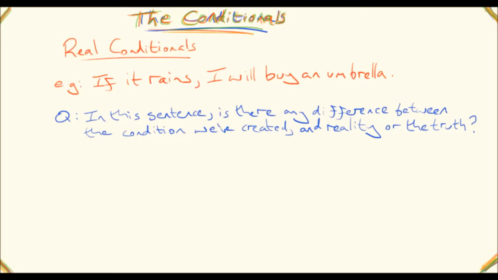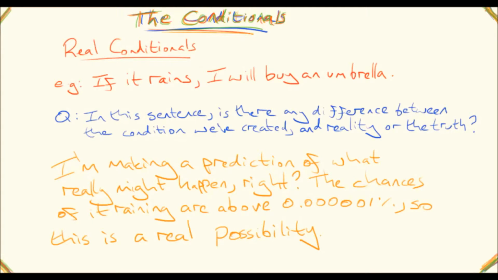And I hope you're understanding now that I'm making a prediction of what really might happen, right? The chances of it raining are above 0.000000001%. So the idea of rain is a real possibility.